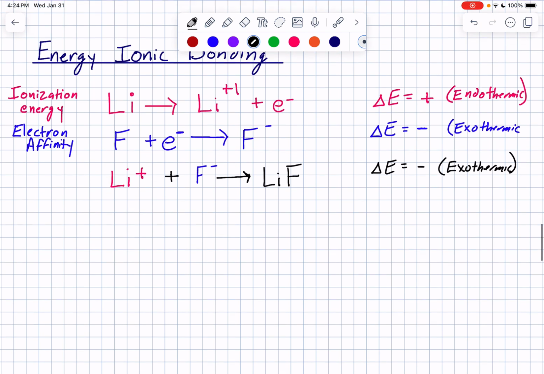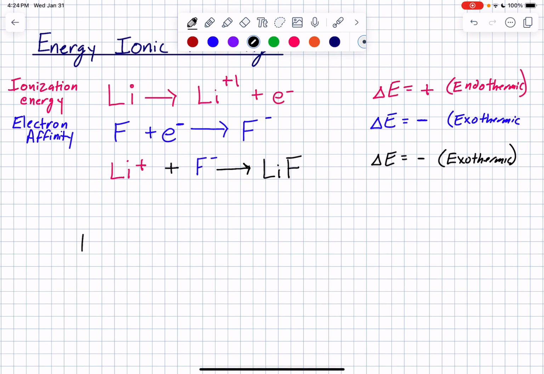And if you remember, when I'm forming this fluorine, for example, 1, 2, 3, 4, 5, 6, 7, when I'm forming this fluorine to gain this extra electron, that's just one attraction that's occurring. And so it does release energy because it is attraction. However, it's just one attraction.